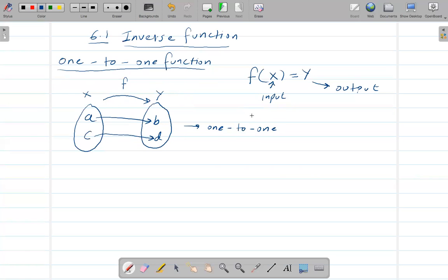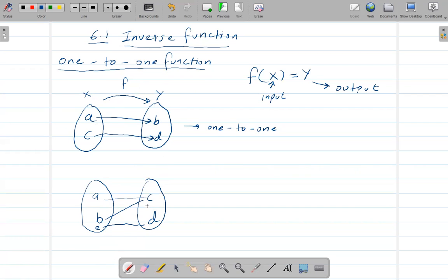Now what about this case: A, B, C, D. Let's say that when the input is A, the output is C. When the input is B, the output is also C. And when the input is E, the output is D. What we can see here is that these two inputs have the same output.